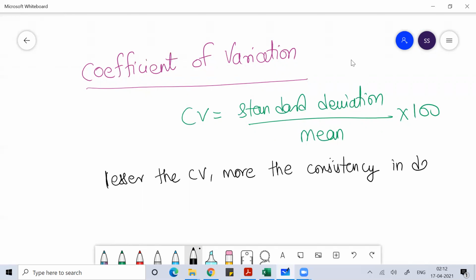And the more the coefficient of variation, the more the variability, or variation, in the data.